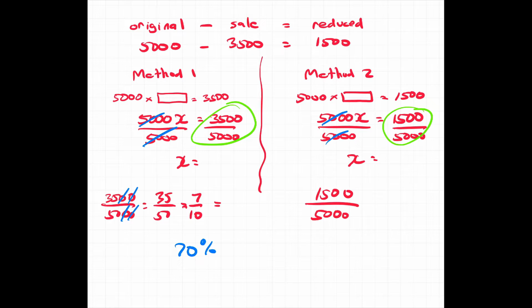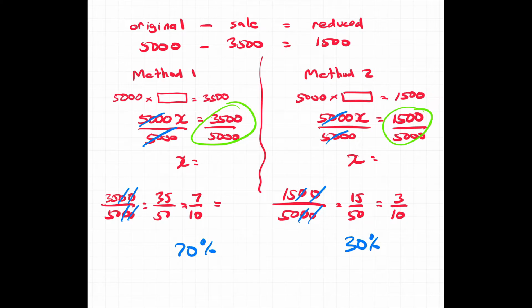Over 5,000, so we'll eliminate those two zeros and those two zeros, and that gives us 15 over 50. I can see that I can divide 5 into both of those, and I'm going to end up with 15 divided by 5 is 3, and 50 divided by 5 is 10. So in this case, we end up with 30%.